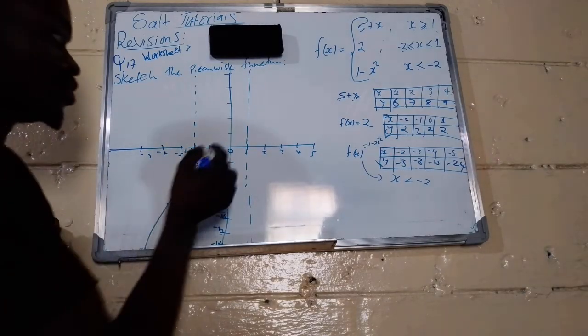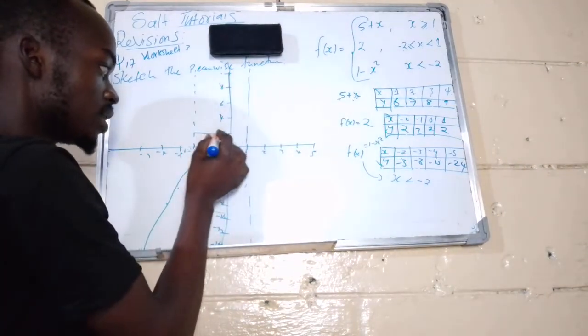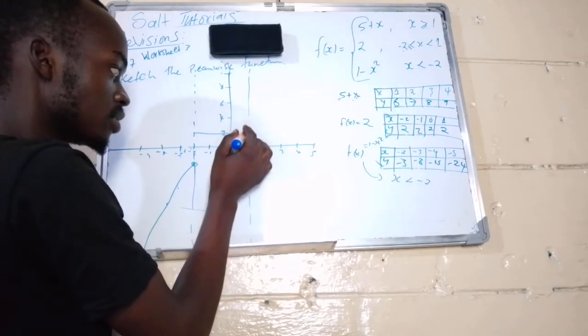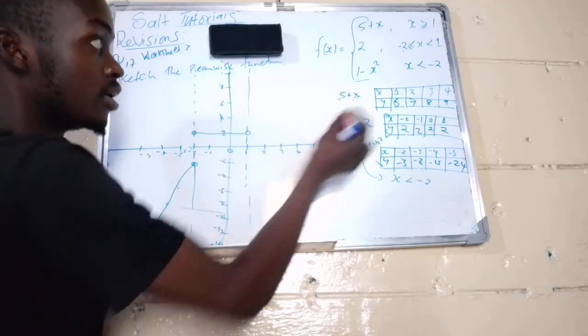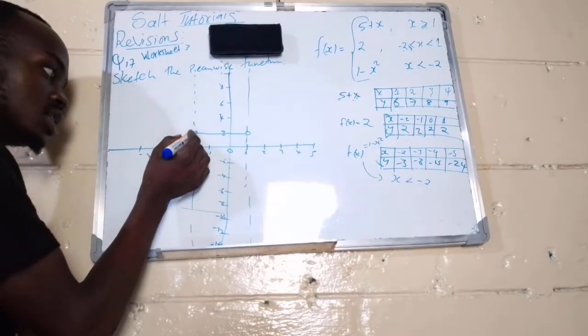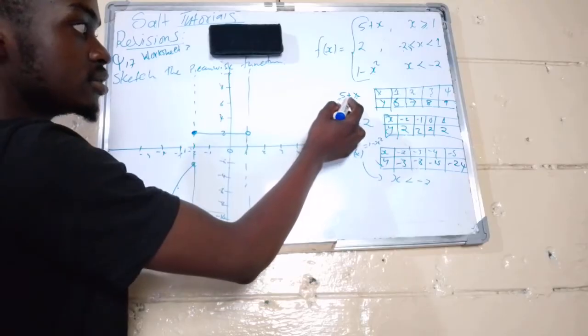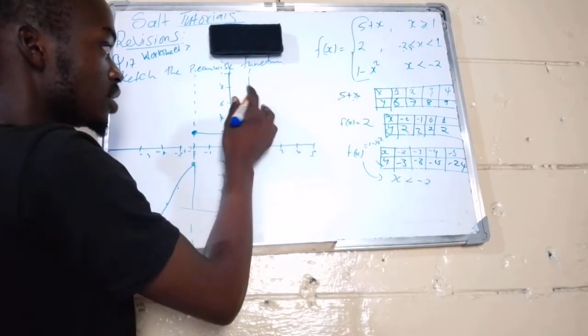y equals 2. This is 2, 4, 6, 8. So it's just a line passing through 2. Open your circle here, open your circle here. But this one, it is equal to at negative 2. So the point at negative 2 is shaded, but you open it here. For this one, 1, 6, you open it here.